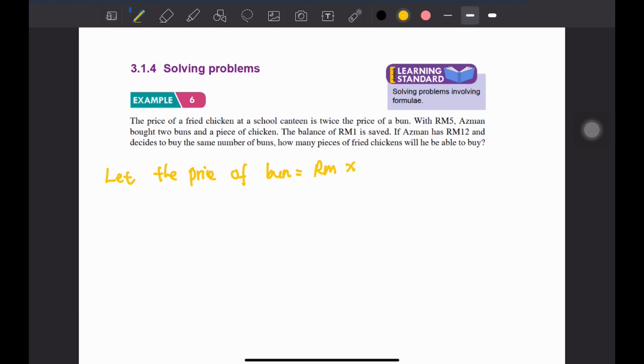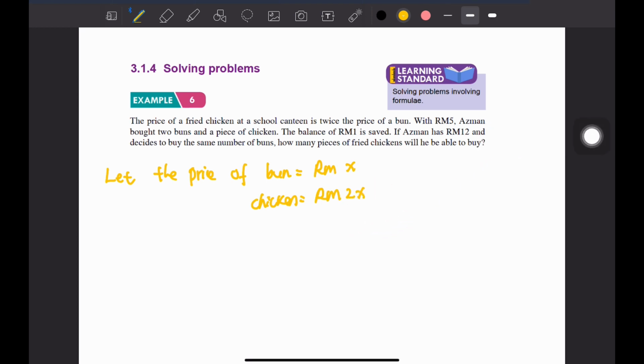Next, the price of chicken is twice, right? So RM 2x. Sebab dia kata harga chicken adalah 2 kali harga bun. So kalau bun x, chicken 2x lah.